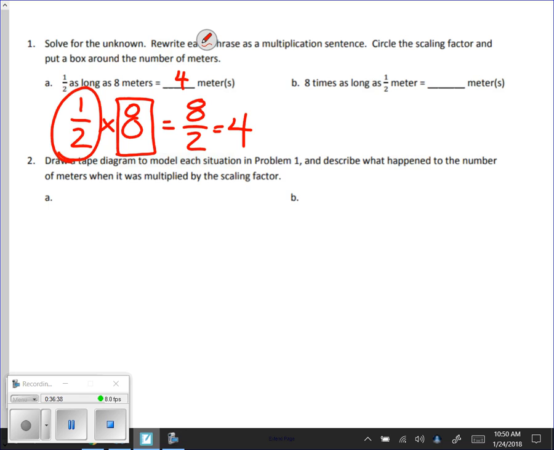And then 8 times as long as 1/2 meter. So how would you write that? You're not doing a conversion. How would you write the expression?